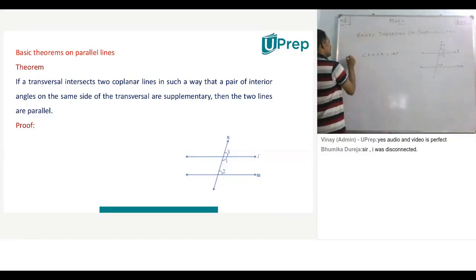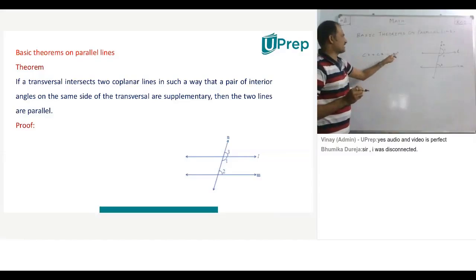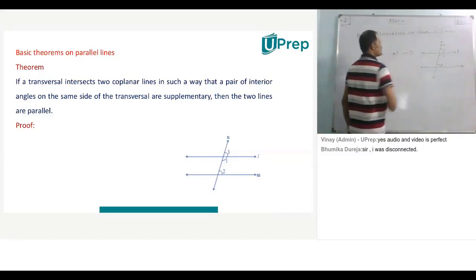Next line. Therefore, angle 2 plus angle 3 is equal to 180 degrees. Mark it as equation 1.